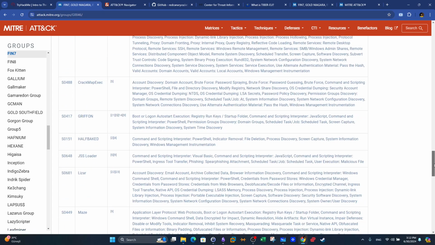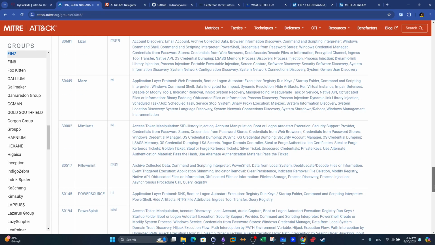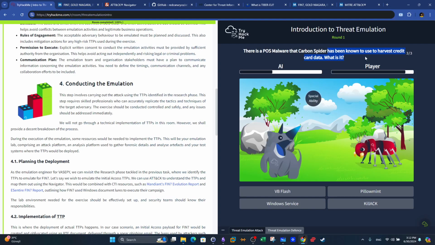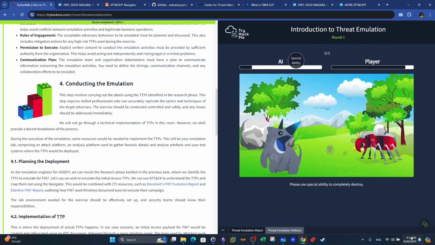But other tools are not created by the community, such as Pillowmint, maybe Maze. So Pillowmint here, it is said that it is used to archive collected data, which fits the question here. So we're going to select Pillowmint.